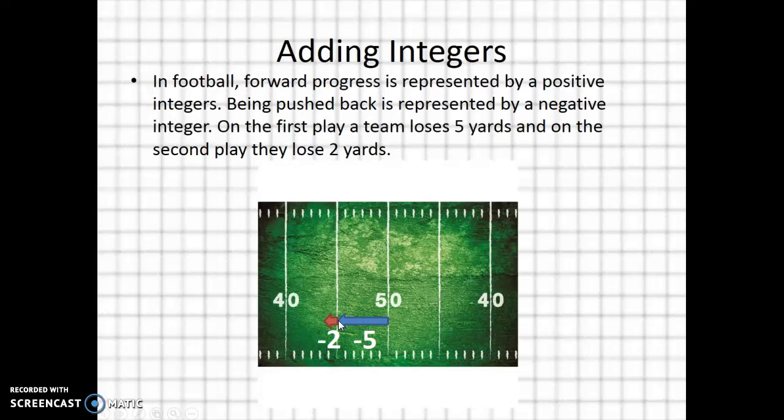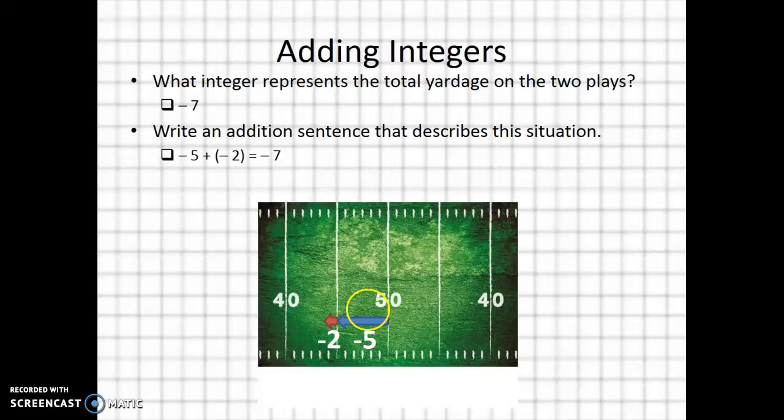If we wanted to represent that with integers, we could ask ourselves, what integer represents the total yardage on the two plays? It would be -7, because we would add -5 and -2 together. Now if we wanted to write that in an addition sentence, we could write -5 plus -2 equals -7.